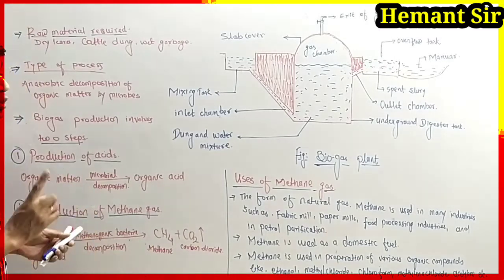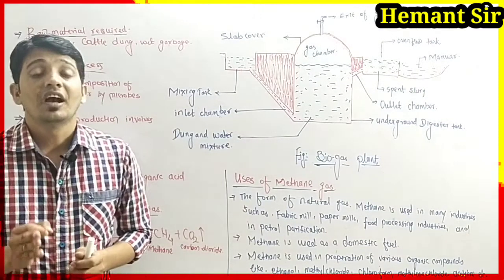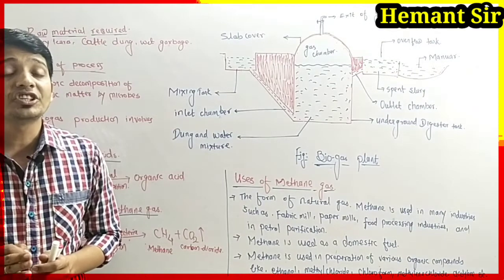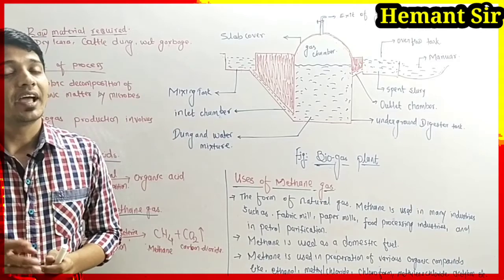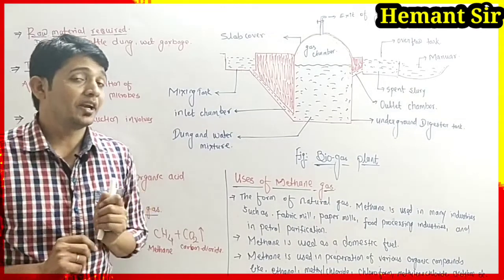We know biogas contains about 55 to 60% of methane gas and the rest is carbon dioxide.